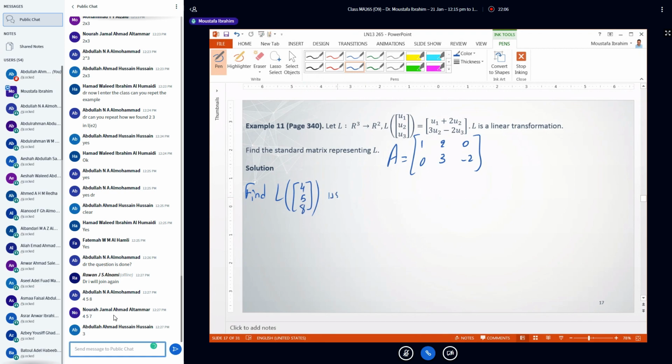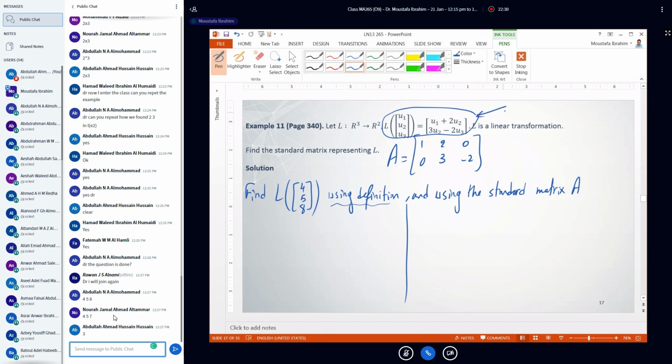So, using definition and using the standard matrix A. So, using definition, guys, means using this one. This is definition. So let's find. You have input 4, 5, 8. Find output. What do we get for output?